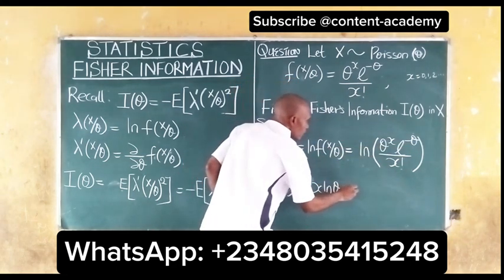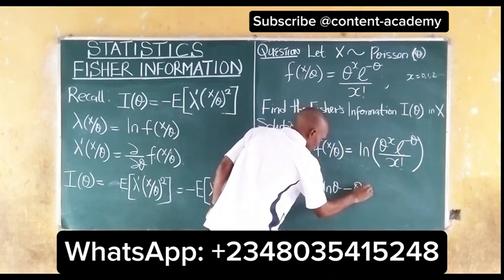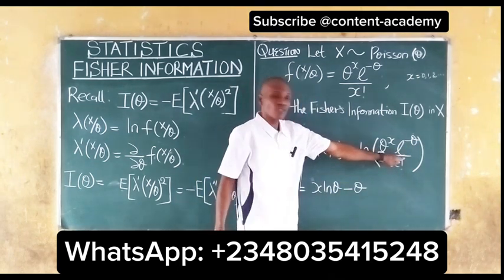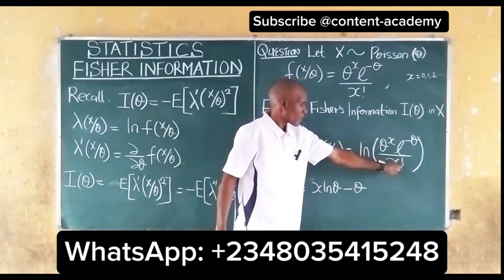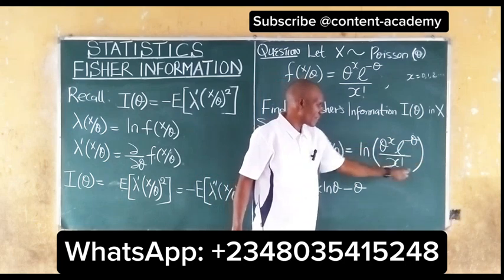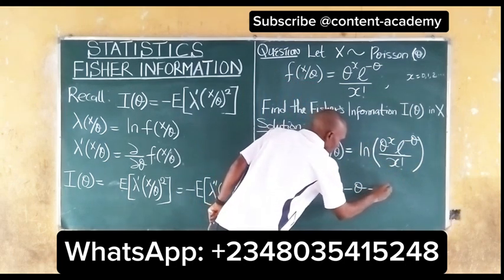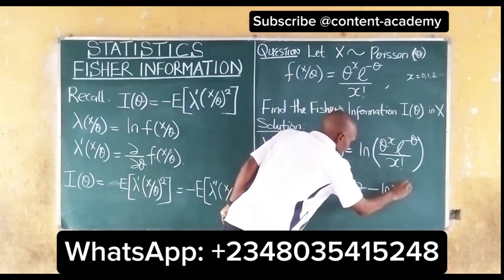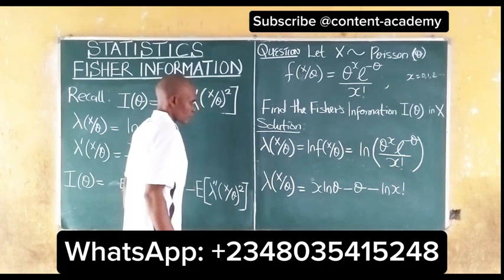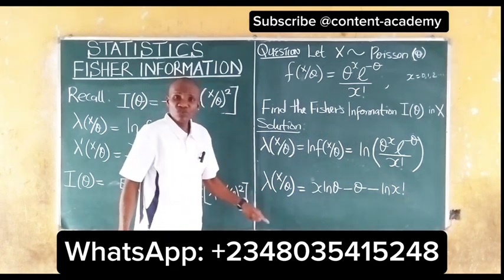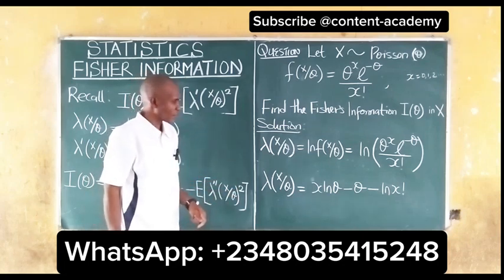So we have negative theta. Now, we also know from indices that since we have x factorial here, it will be negative ln of this. So we have negative ln x factorial.